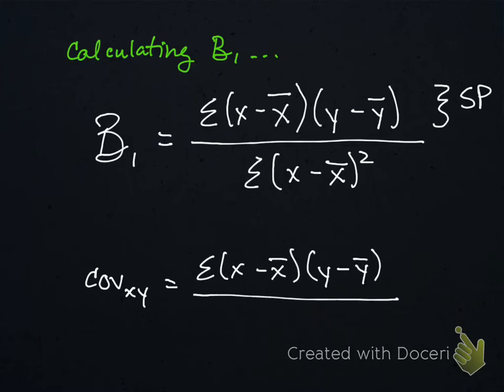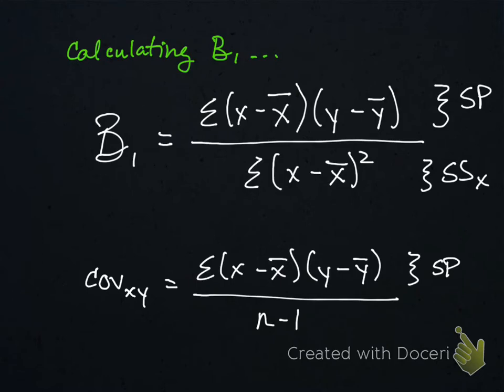If you remember, the covariance had that in the numerator, and then we just divided by n minus 1. So this is the same numerator as our covariance. This bottom piece here in our denominator is just our sum of squares for the x variable. So if we were to calculate, for example, the sample variance or the sample standard deviation for that x variable, this would be the numerator of that variance term.